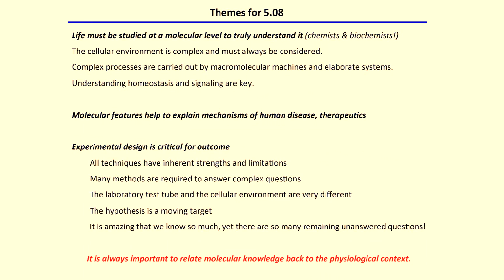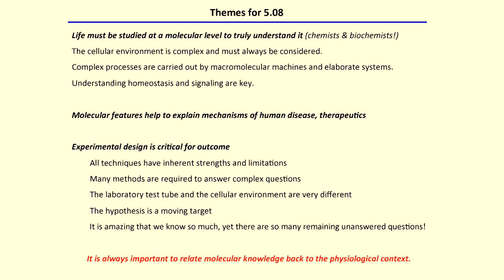Something we'll see, especially in the first half, the first 4 modules of this course, is that in cells, complex processes are carried out by macromolecular machines and elaborate systems. And these systems are fascinating. You'll see that we know a lot, but as we learn more, more and more questions come up that we need to address.